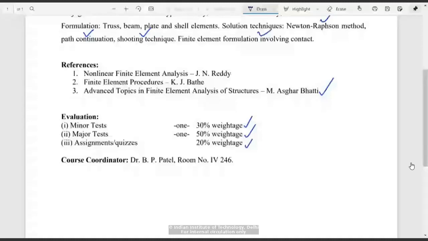Okay, so then let me start with the weak form. I close this course content, and I will open this Windows Journal file.